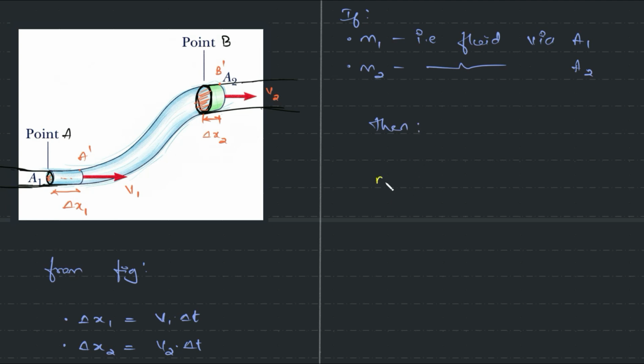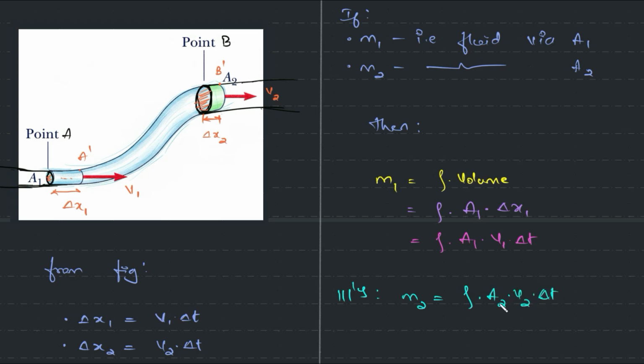Then we have M1, which is equal to mass is equal to density times volume, and volume here is given by area into delta x1, which is A1 into delta x1, which is V1 delta T. Similarly, we have M2 is equal to rho A2 V2 delta T.